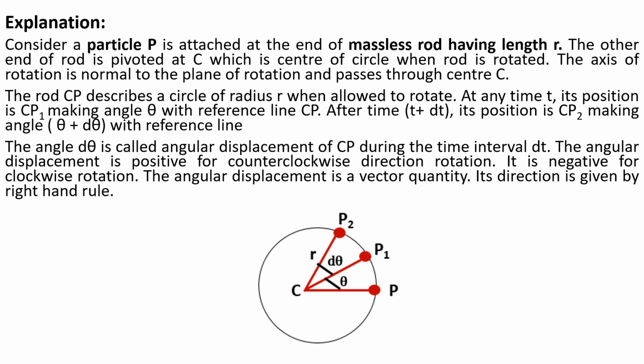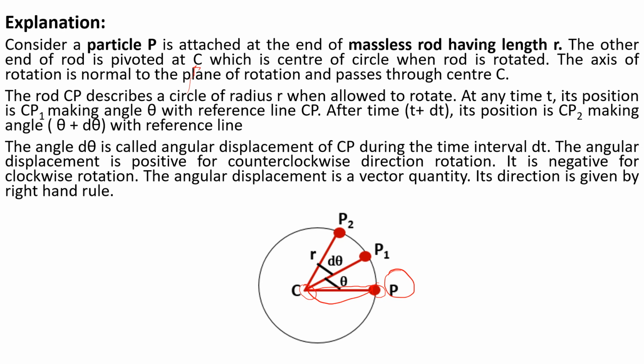Now the explanation of our definition. Consider a particle P attached at the end of a massless rod having length r. The particle P is here and the massless rod is this. The particle is attached at one end of the rod and the other end is the center of the circle, represented by C. The other end of the rod is pivoted at C, which is the center of the circle, when the rod is rotated.